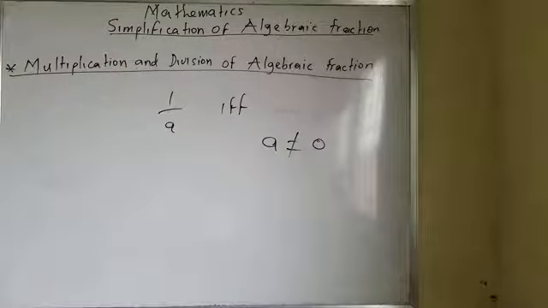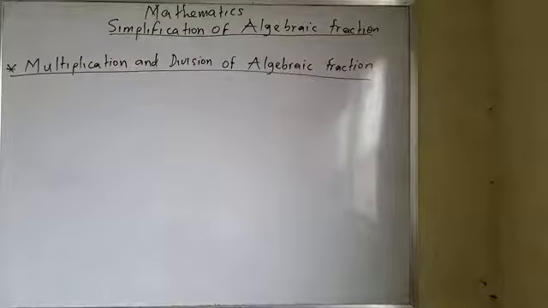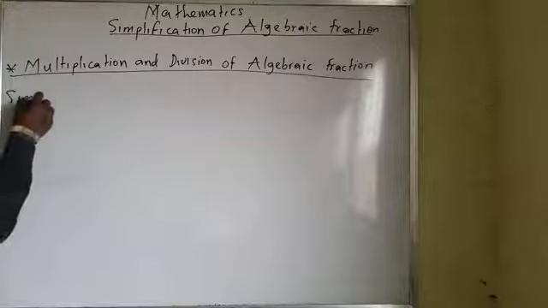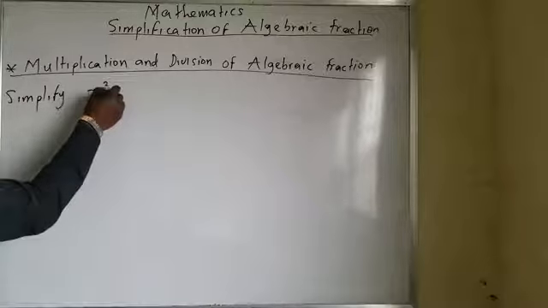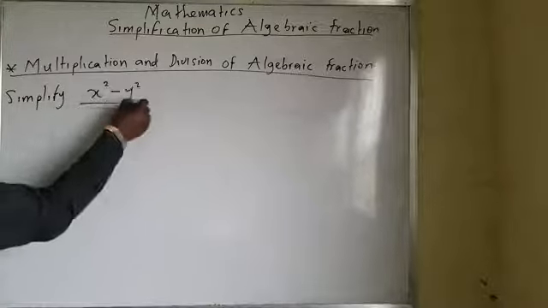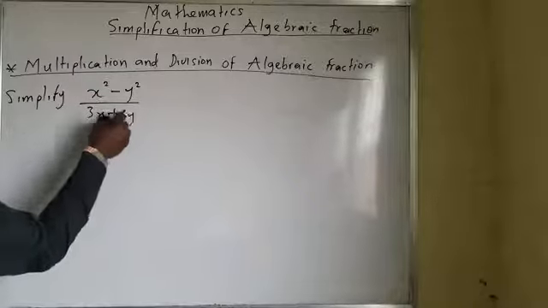Now, let me bring out some problems that will really help you to understand this part very well. Now, look at this problem. Simplify x squared minus y squared divided by 3x plus 3y.